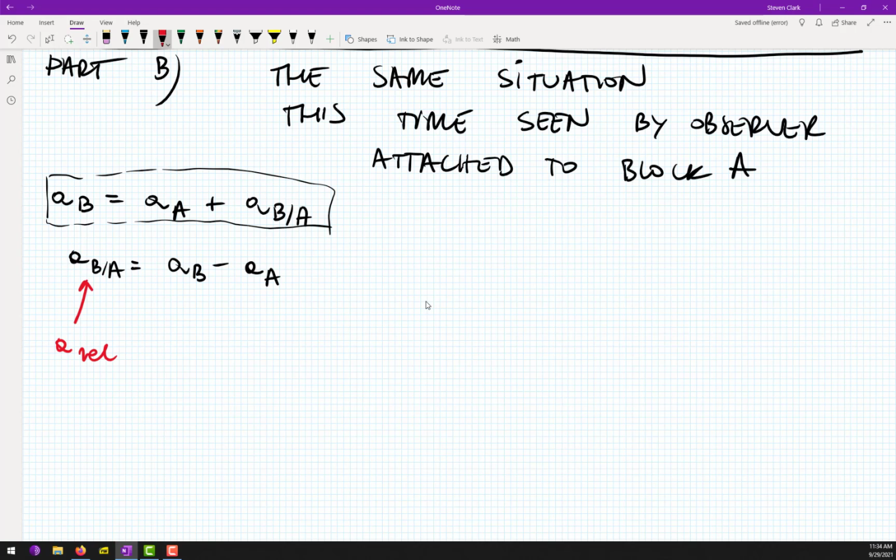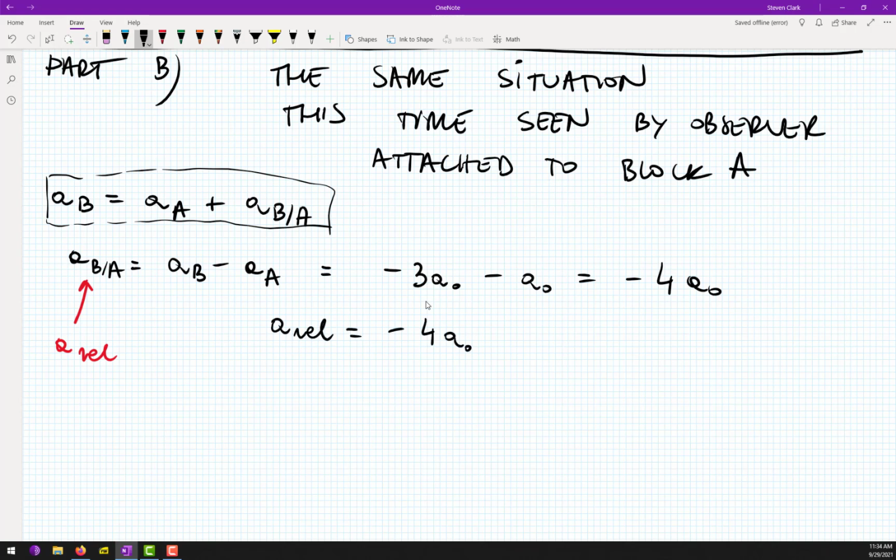So let us plug in values. I believe that was minus 3a0 minus a0, so that will be minus 4a0. This is our a relative.